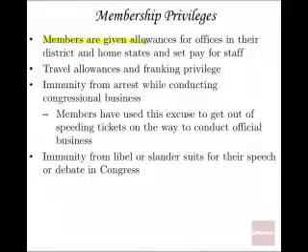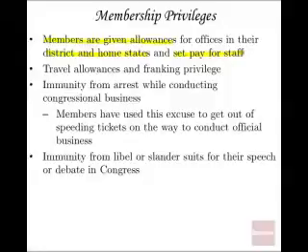But members are given allowances for offices in their district and home states, and they set pay for staff. So you are like the CEO of your little company, of your staff, and you get a budget, again, let's say $1 million, and you can allocate that to your staff members. You can pay your press secretary more than your chief of staff or whatnot. So it's kind of up to you to allocate how much.